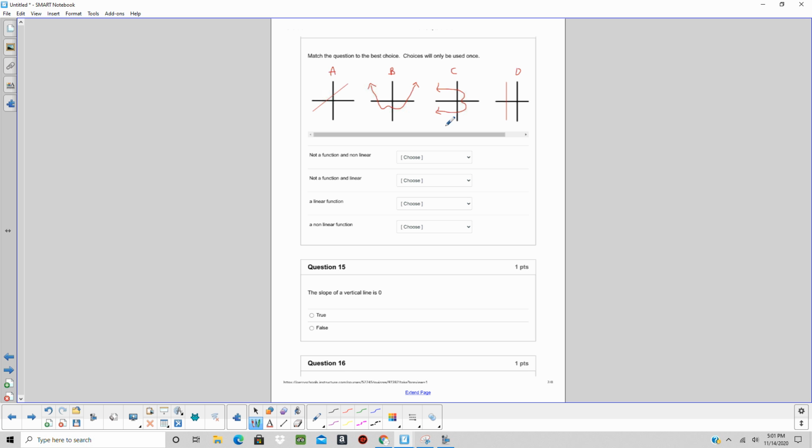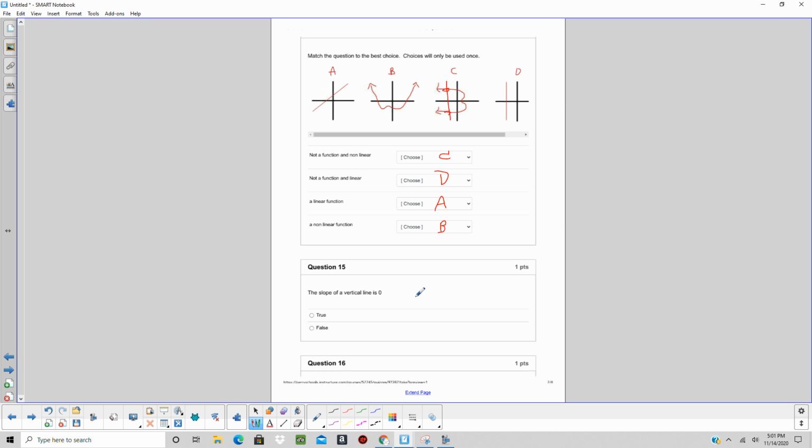Well, C, that's not a function because it wouldn't pass the vertical line test. Not a function and linear, that would be D. A linear function, that would be 8. And a non-linear function, well, we already decided B was non-linear. So B.